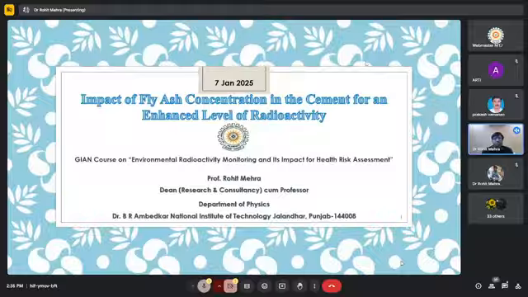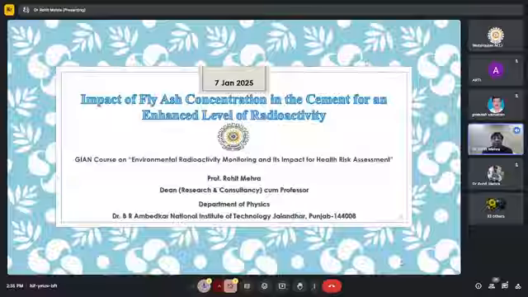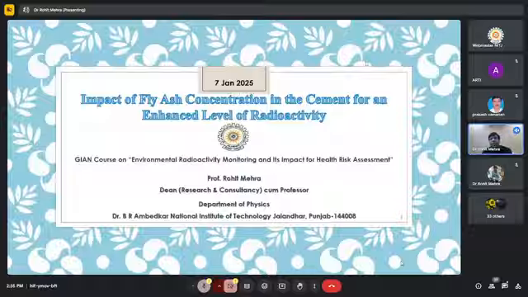More exposure doesn't mean it will cross the safe limits, but it will enhance the doses received by the residents due to natural as well as anthropogenic activities. When we discussed how we are exposed, the main exposure was due to natural radioactivity, and the second was due to anthropogenic activities.